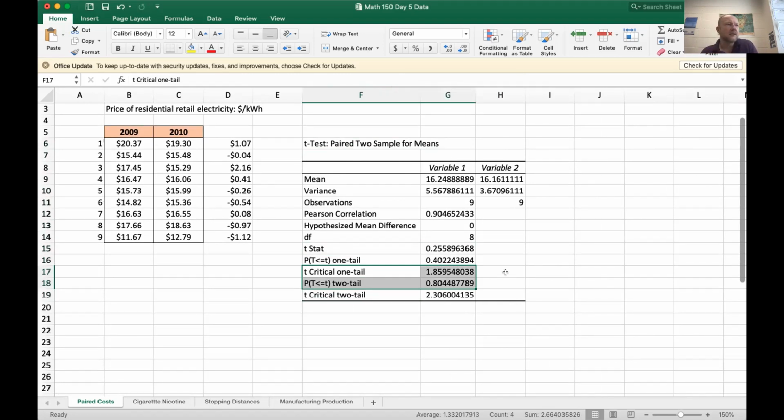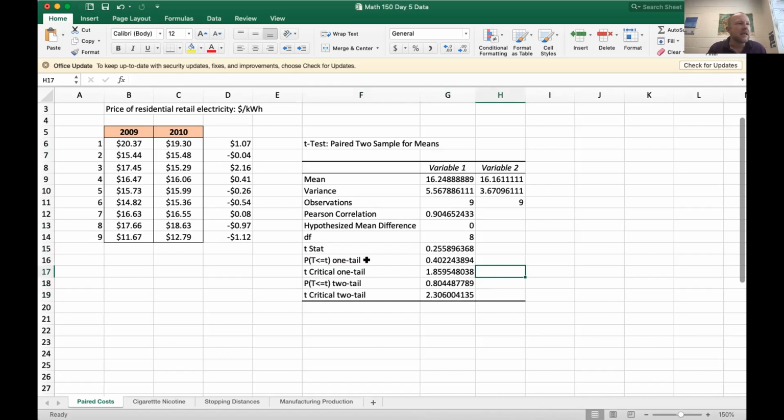So the thing that we're thinking about with this is the probability, the p-value, that we would have numbers that showed up like this if the variation was just random.